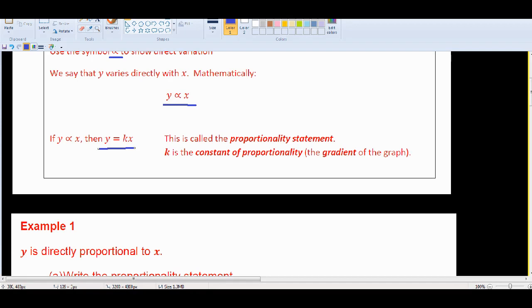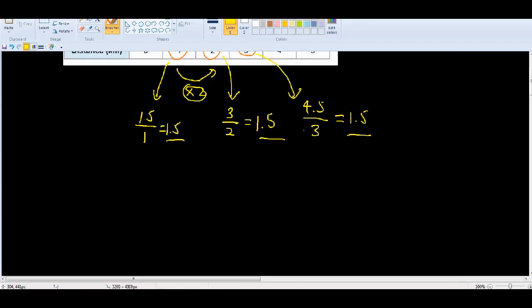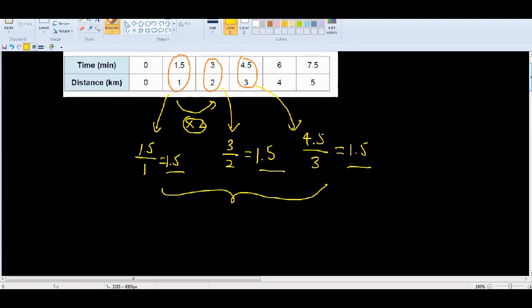Let me say the reason again. For any direct proportion, the ratio between two quantities must be a constant. So for two quantities, one is d and the other is t, you might write t over d is a constant.